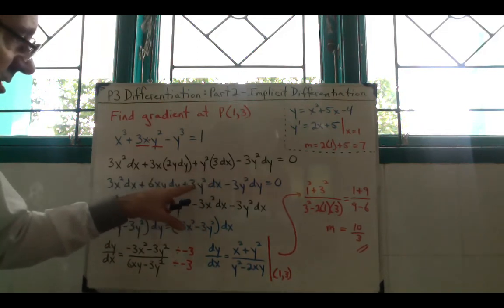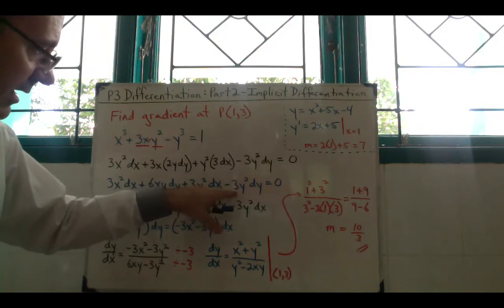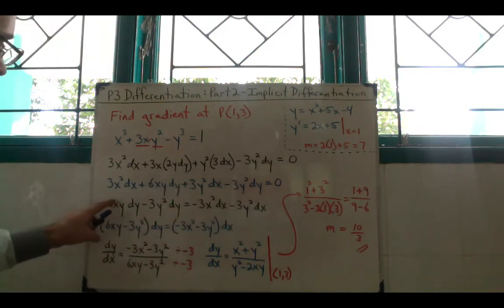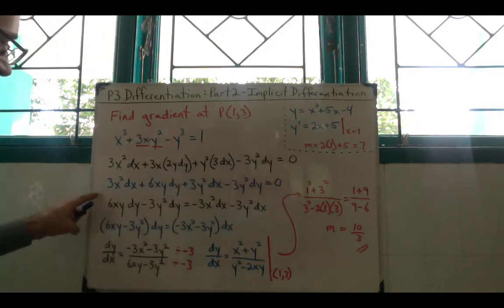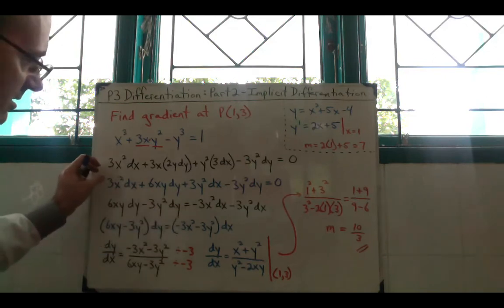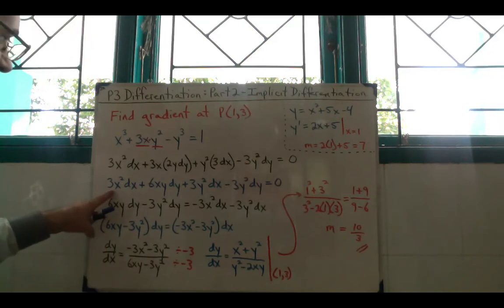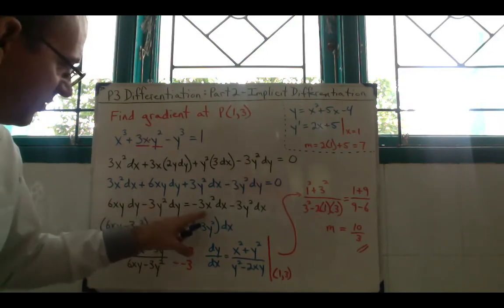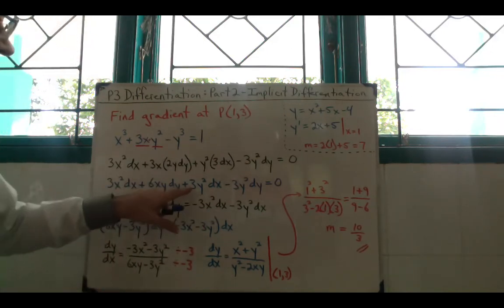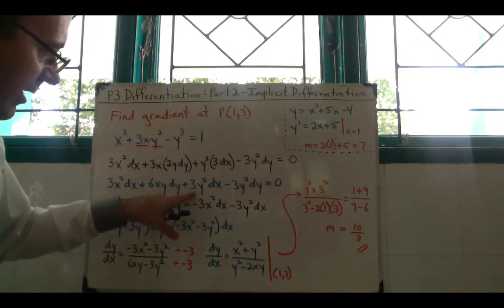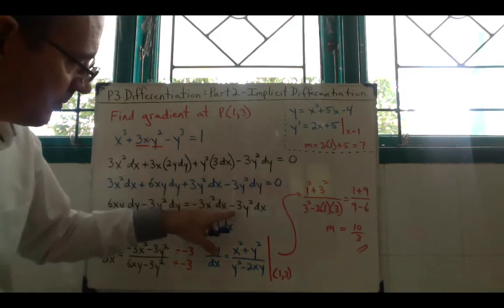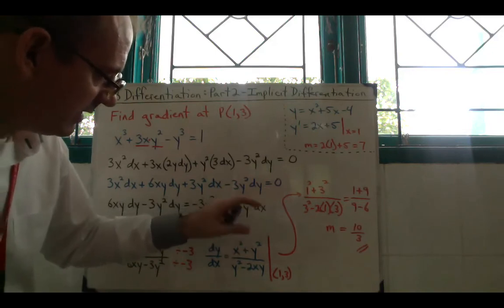This is a dx term, this is a dy term, so minus 3y squared dy. So we put the dy's together on the left, and the dx's we're going to move to the other side. We subtract this over, and we get a minus 3x squared dx, and then this one also subtracts over and becomes minus 3y squared dx.